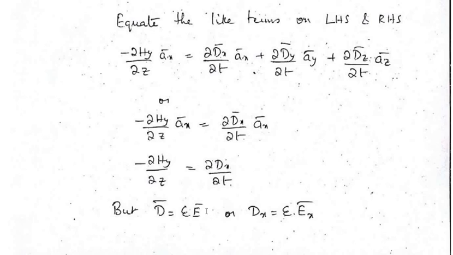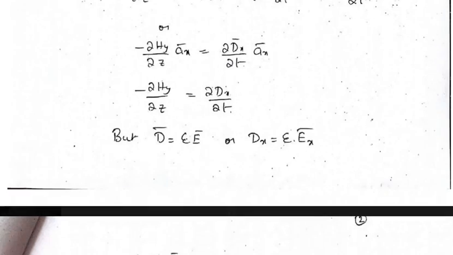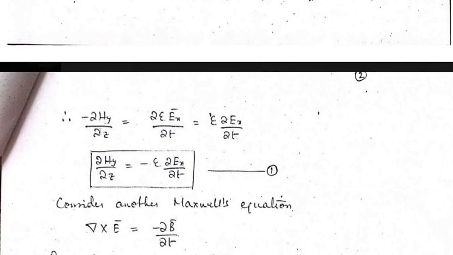We have a relation in electrostatics where D is equal to epsilon into E. So in place of D we can write epsilon into Ex. That is, minus dou Hy by dou Z is equal to dou epsilon Ex by dou T. This epsilon is a constant, so put it aside and write dou Ex by dou T. So this is the final equation which we get here: dou Hy by dou Z is equal to minus epsilon dou Ex by dou T.